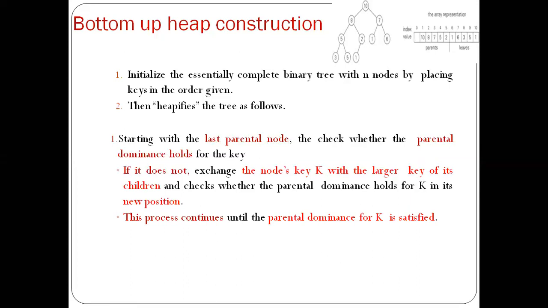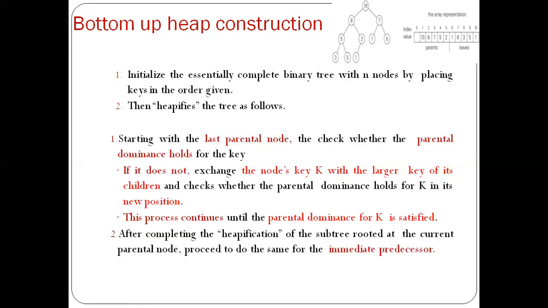We will see an example and then explain the steps in more detail. But now you should understand the procedure you have to follow. First, you check the last parental node. If it is not satisfying the parental dominance property, exchange that node with the larger key of its children, and the process continues until it satisfies the parental dominance.